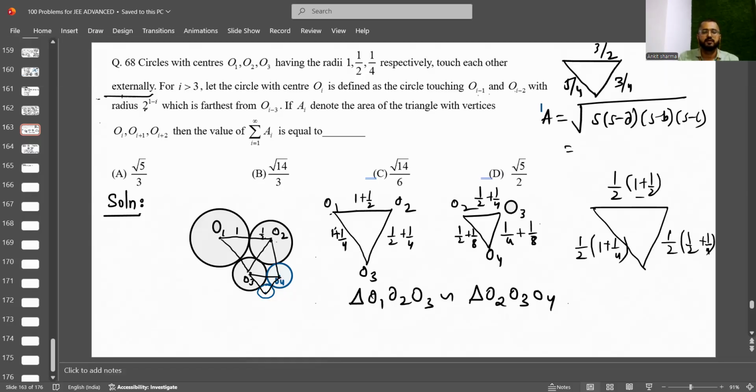So A1 is going to be the square root of 7/4 times, from 7/4 I'll be subtracting 5/4. So this gives me 2/4. And from 7/4, I'll be subtracting 3/4. So 7/4 minus 3/4 is going to give me 1. And from 7/4, I'll subtract 6/4, so it gives me 1/4.